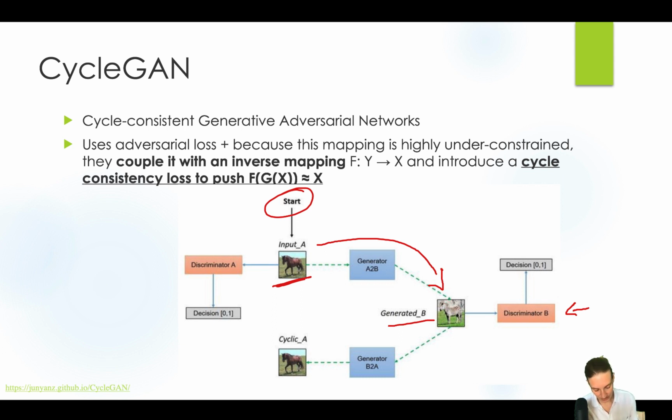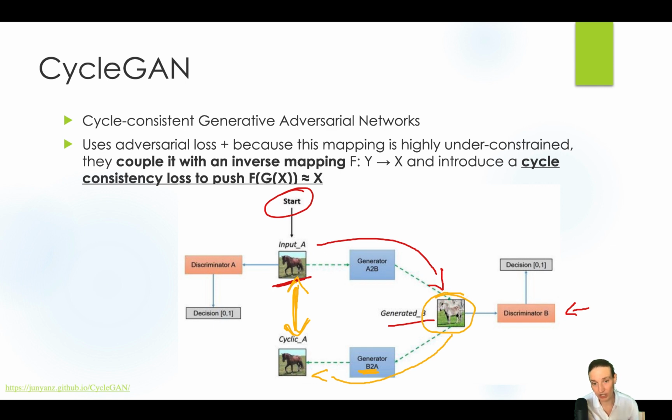However, what is new here is that we have an inverse mapping, the generator B to A. And this generator enforces that it becomes cyclic by enforcing that these two images look alike. That means that the information that it is a horse standing in a meadow still needs to be contained in this generated image B. Okay. That is very, very broadly outlined how the CycleGAN network works.